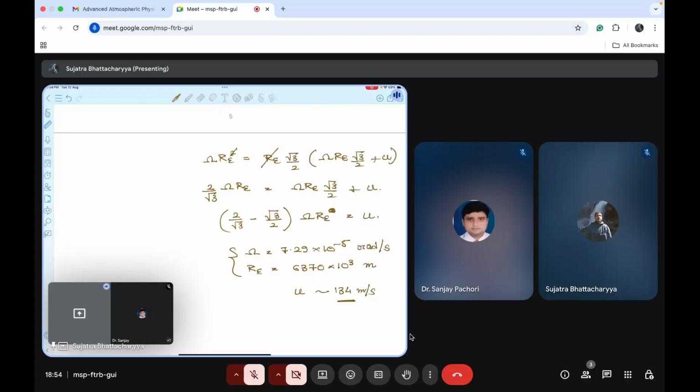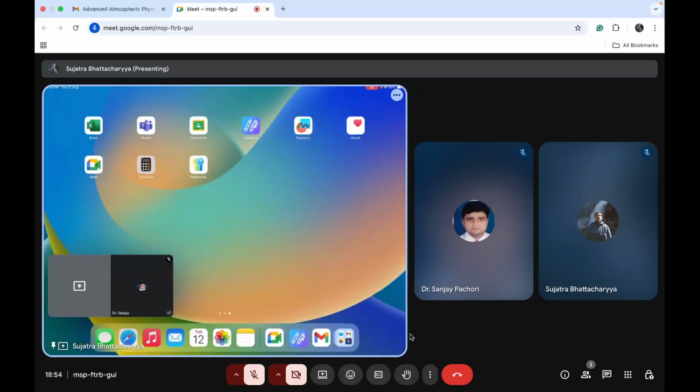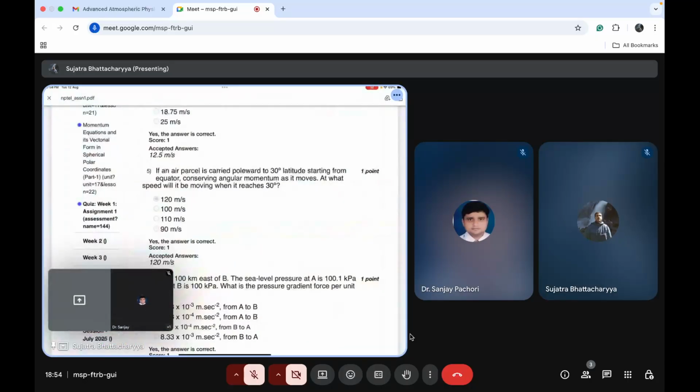You will get something similar to this. I have got 134 meters per second, but try your calculations. You may get 120. So that is how the question has to be solved.